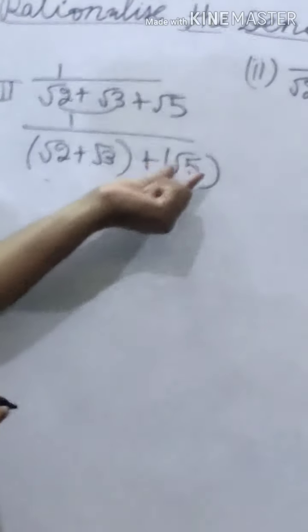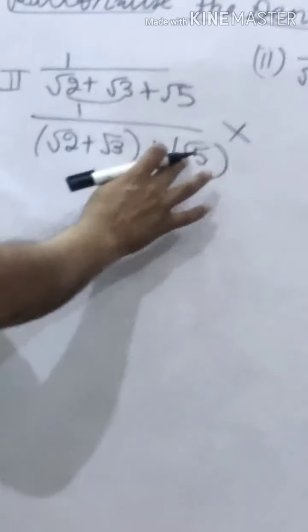Now simple way, it is a, it is b, a plus b. So by RTD, the same method. Now multiply and divide by, change the sign, minus root 5: root 2 plus root 3 minus root 5.